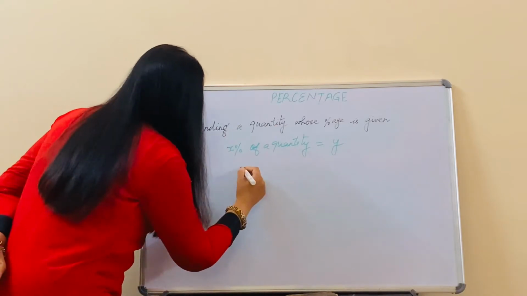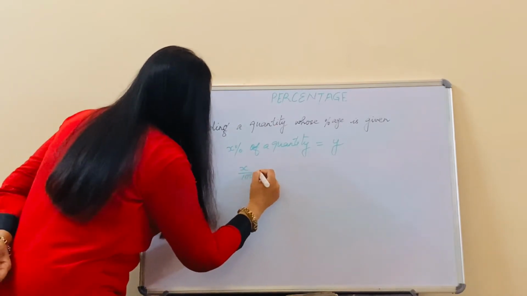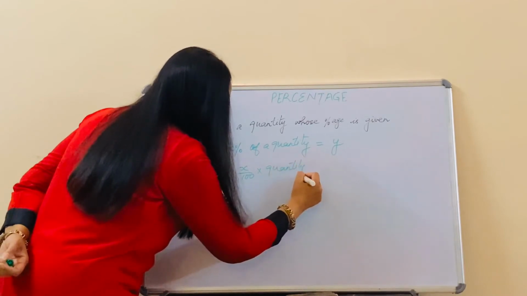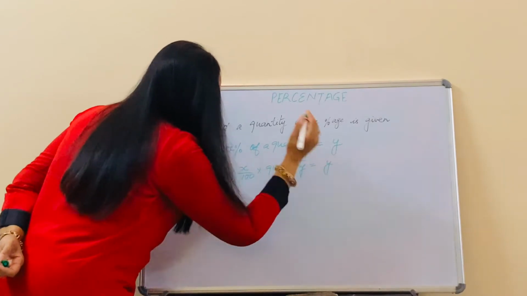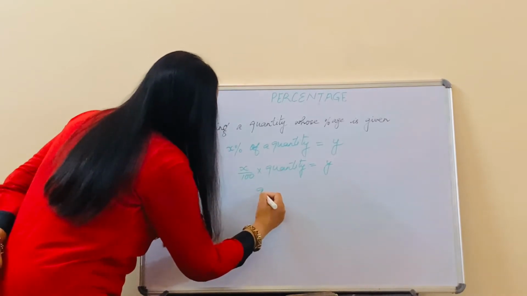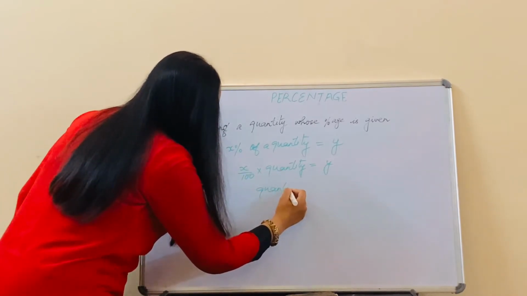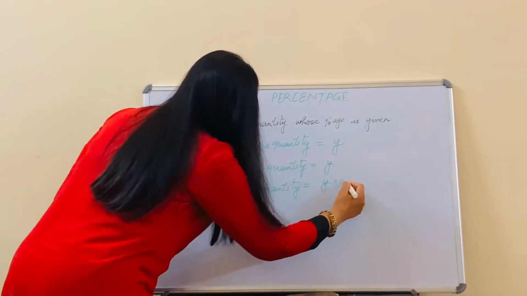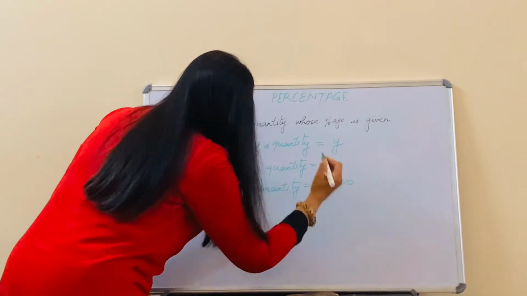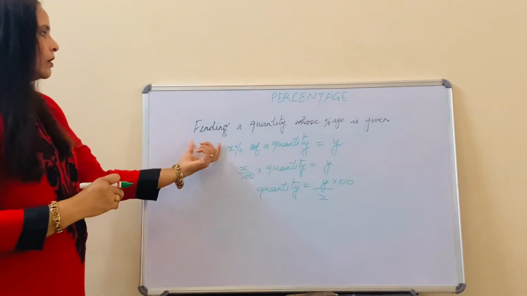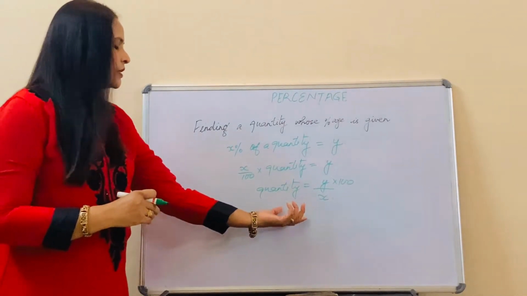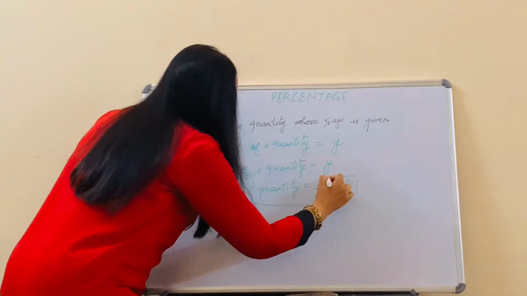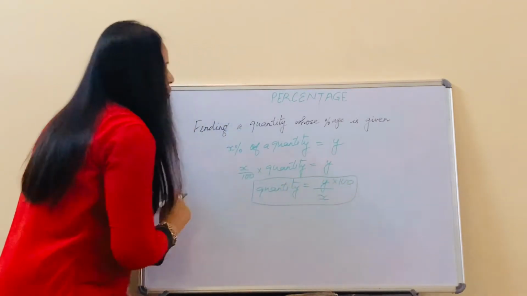It means X by 100 into that quantity is equal to Y. Solving this, we get the value of that quantity, which comes out to be Y into 100 divided by X. This is the formula for calculating the quantity whose percentage is given to you.